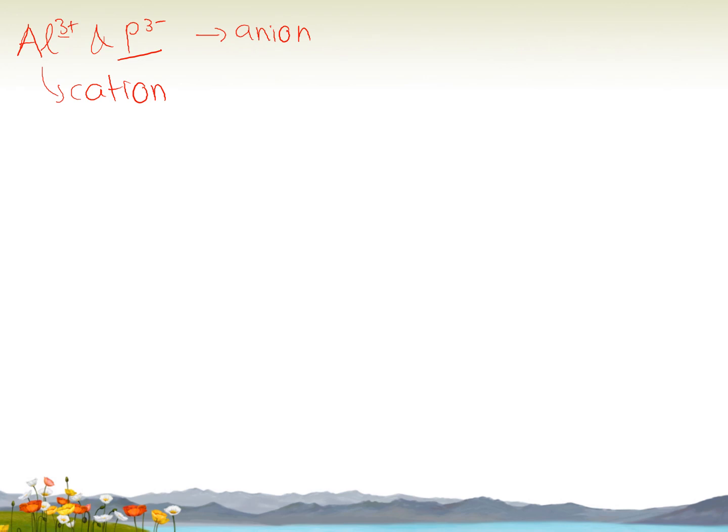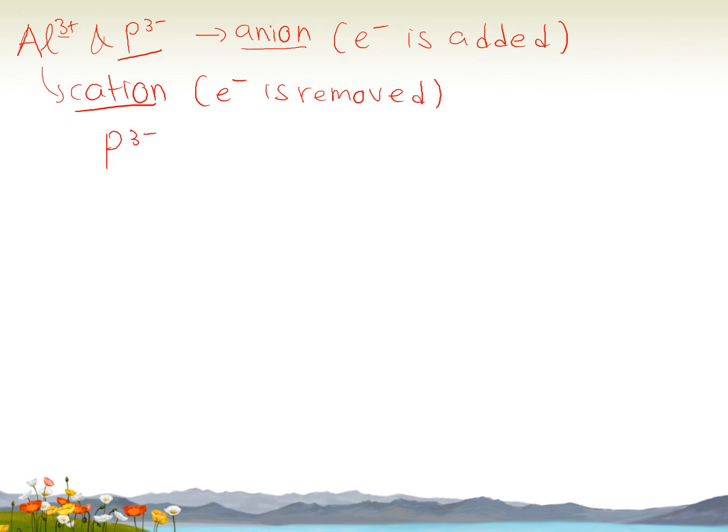For the same reason as in the previous question, for an anion, an electron is added, while for a cation, an electron is removed, meaning that the P3− ion will be bigger than the Al3+.